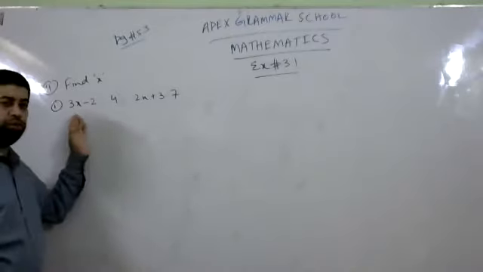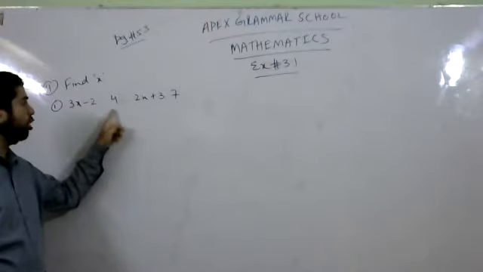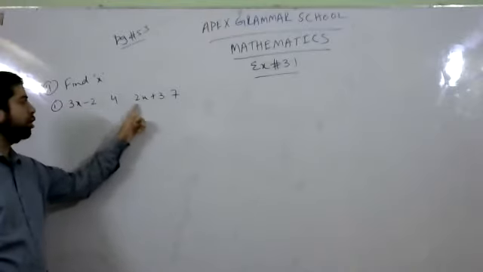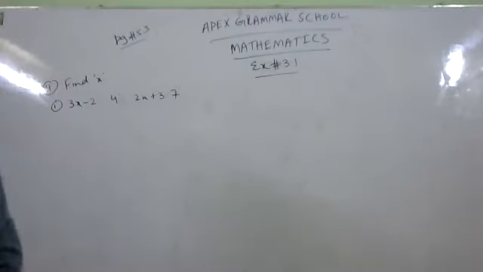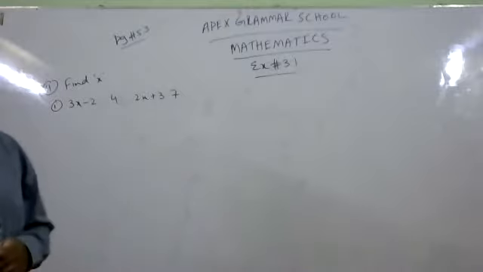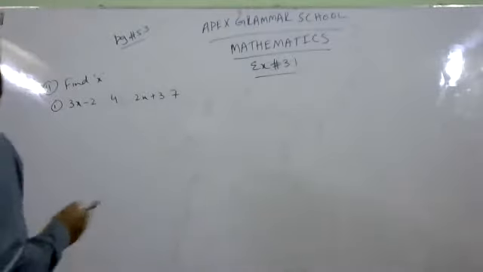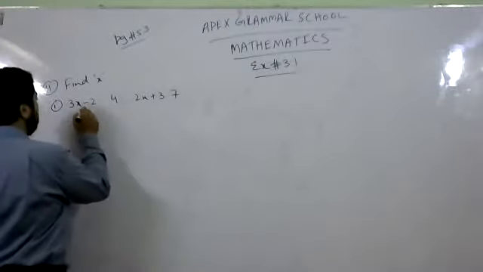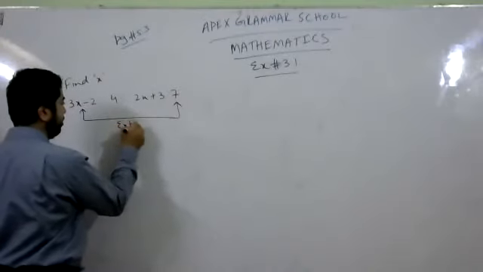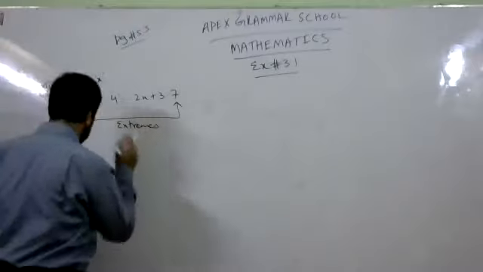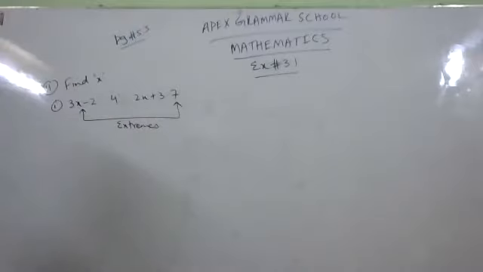Now I have already told you that within proportions we have some means and extremes also. 3x minus 2 and 7, these are extremes. This thing I have already told you.